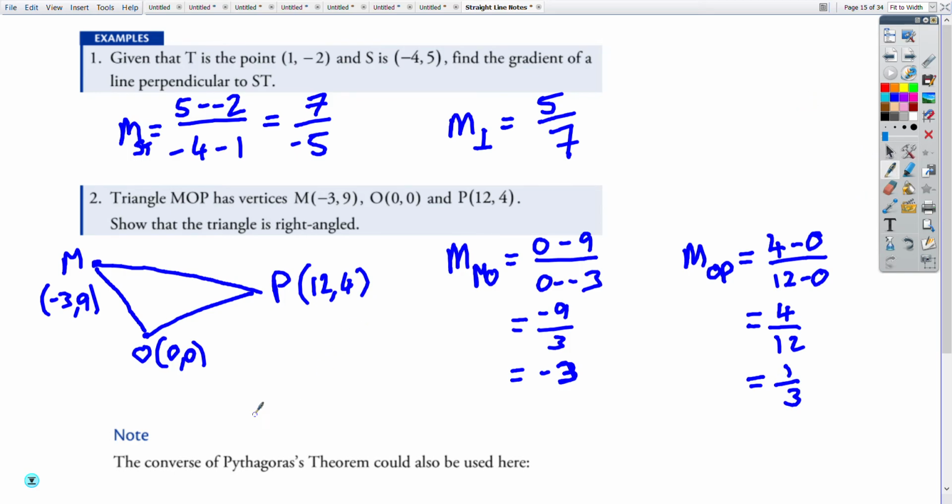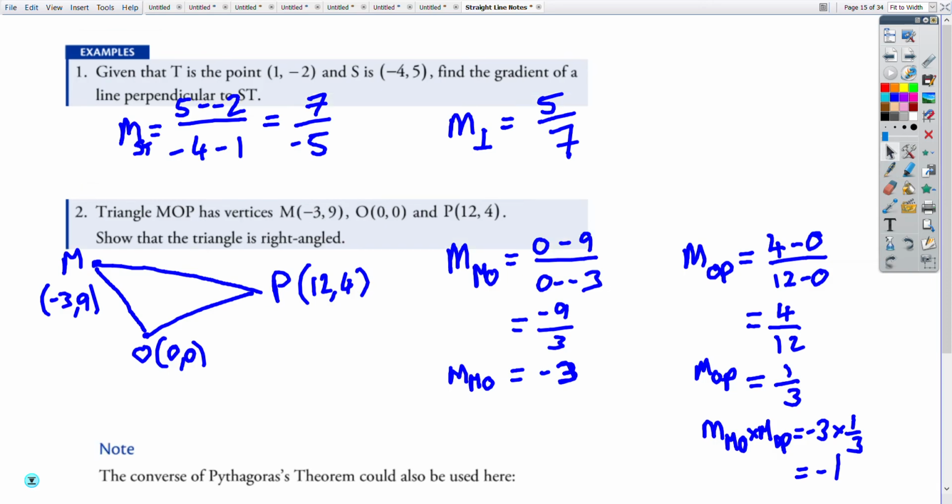So OP and MO, if you multiply them together, negative 3 times 1/3, you would get negative 1.